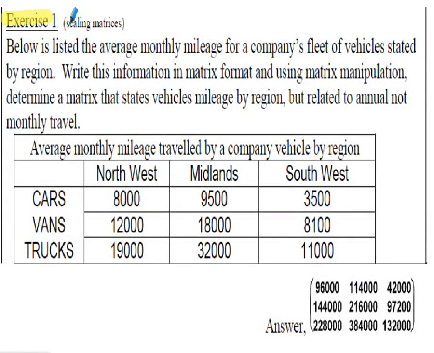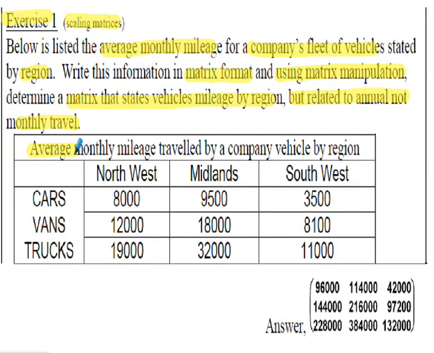Exercise 1 relates to scaling of matrices. Below is listed the average monthly mileage for a company's fleet of vehicles stated by region. We're asked to write this information in matrix format and, using matrix manipulation, determine a matrix that states the vehicle's mileage by region, but related to annual, not monthly travel.